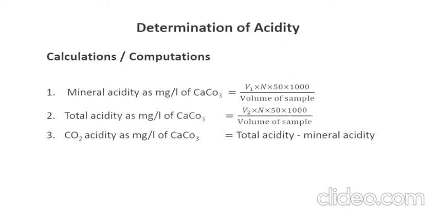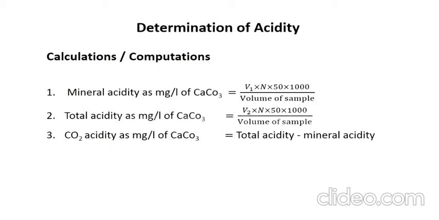Mineral acidity as milligram per liter of CaCO3 is equal to V1 into N into 50 into 1000 by volume of sample. Total acidity as milligram per liter of CaCO3 is equal to V2 into N into 50 into 1000 by volume of sample.